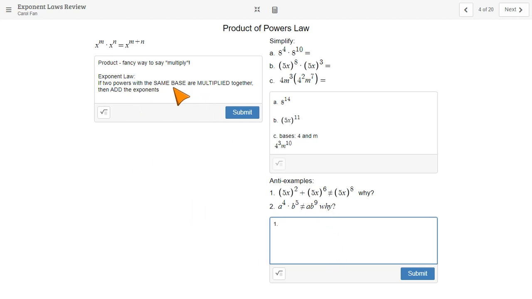Now we do have the same base, but we notice that these are not being multiplied together. These two powers are being added together. And because they're being added, we can't apply the rule to add the exponents.